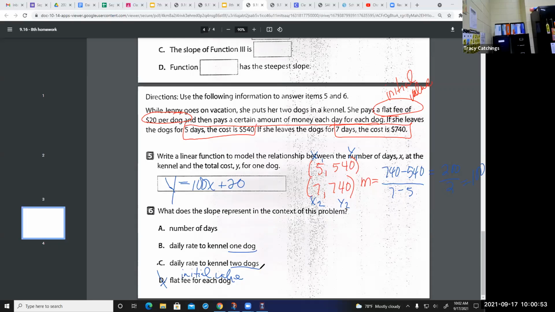Number of days will be your X or what you substitute in. She had $2, but think about slope. What's another name for slope? And rate deals with how many? One.